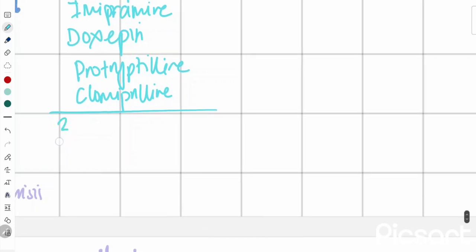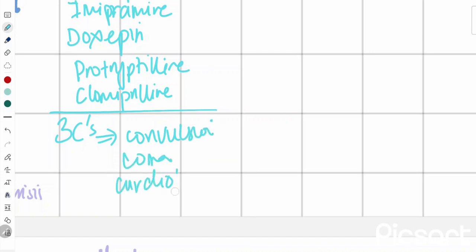Adverse effects of tricyclics: that's again another mnemonic, or you can remember it as 3 C's. There are 3 C's: convulsions, coma, and cardiotoxicity.